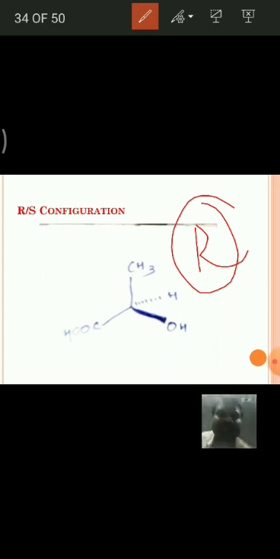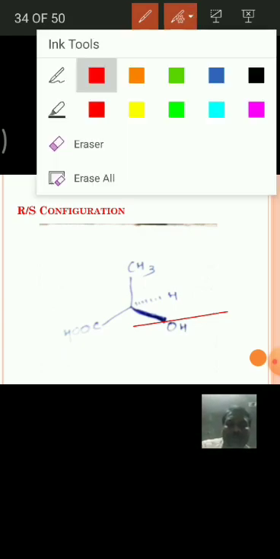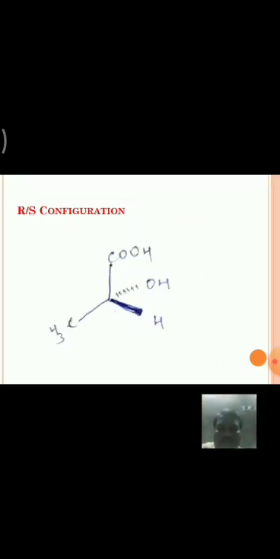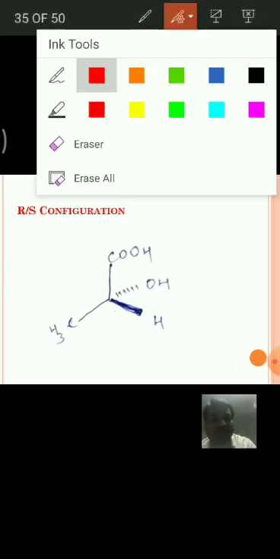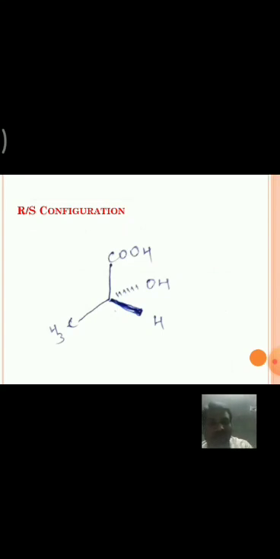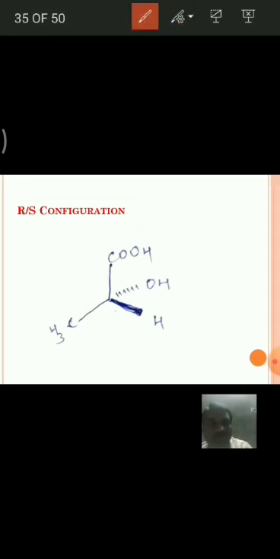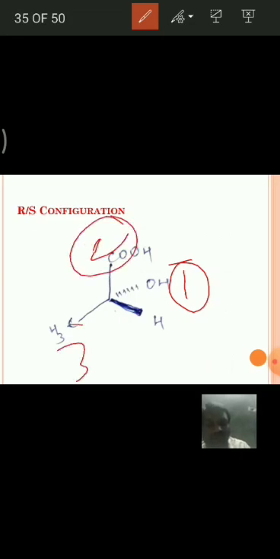And the next, let us see one more example. In this molecule, if we give the priority, again the OH is first, COOH is second, methyl is third, and this is fourth.